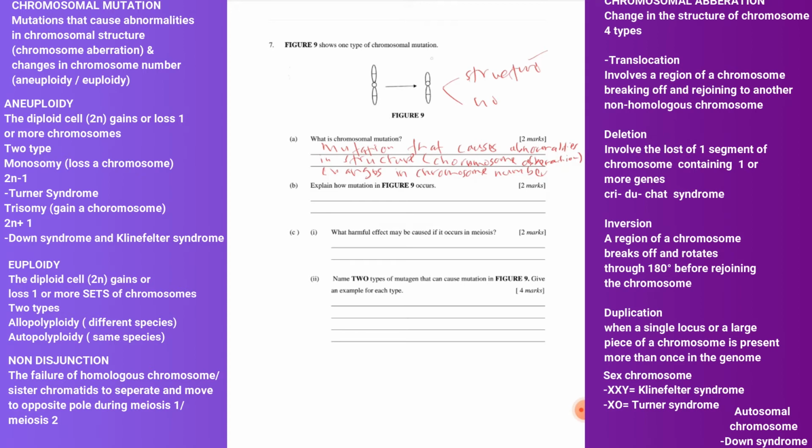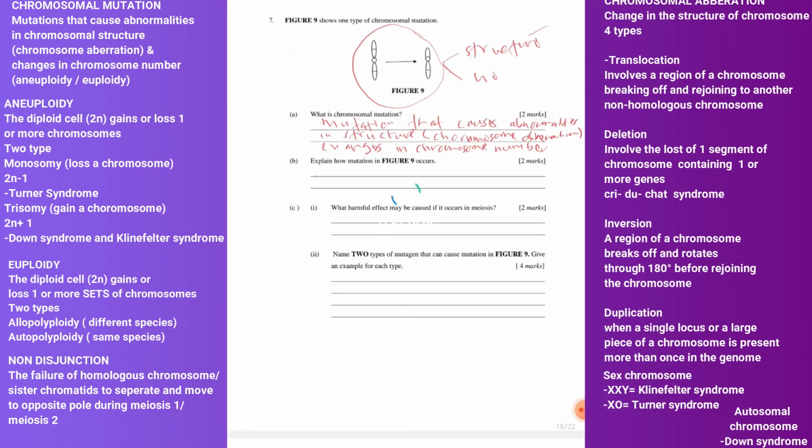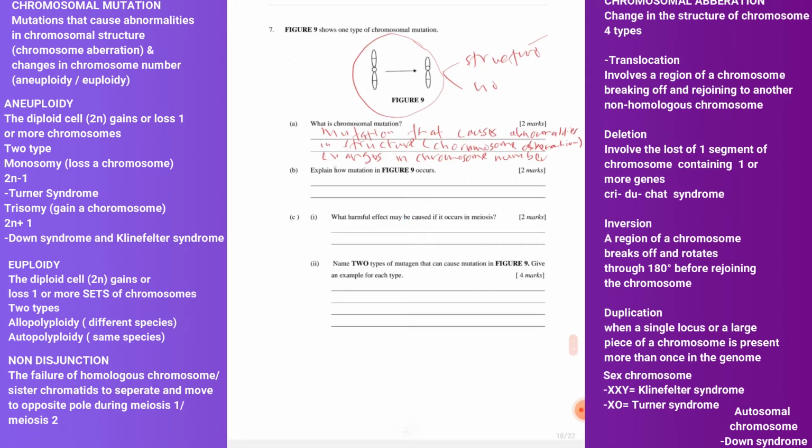Okay, explain how the mutation in figure 9 occurs. So this one is referred to the structure of chromosome. The abnormalities cause the structure of chromosome to change. So this one is referred to chromosomal deletion.